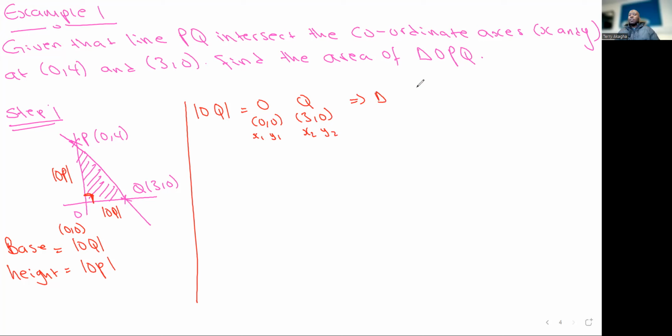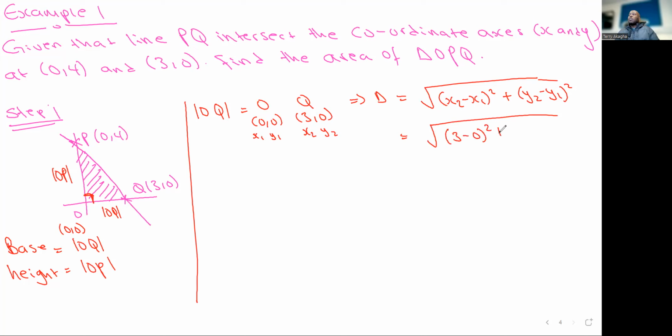The distance formula is equal to the square root of (x2 minus x1) squared plus (y2 minus y1) squared. That gives us the square root of (3 minus 0) squared plus (0 minus 0) squared. Therefore, the base will be the square root of 9, which is equal to 3. So the base, OQ, is equal to 3.